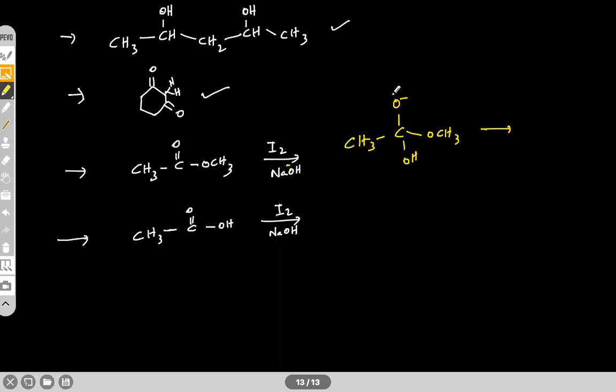And then what happens? This comes back, this goes out as a leaving group. It converts into CH3, C double bond O, OH. And then H plus comes out, gives you carboxylate ion, right? So this is not giving iodoform. The reaction is not taking place here at this carbon atom because of the leaving group present, okay? Hence this ester does not show iodoform test.